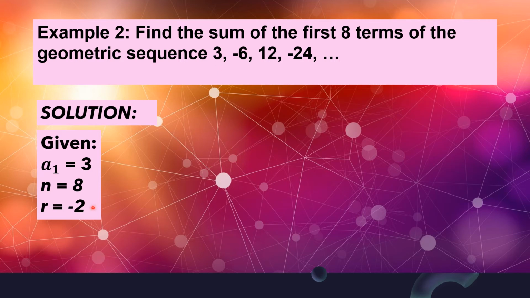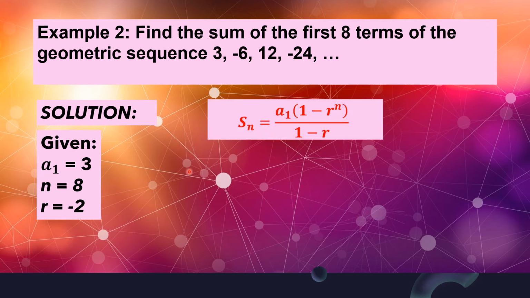So our common ratio is negative 2. Using the formula S sub n equals a sub 1 times the quantity 1 minus r raised to n, all over 1 minus r, we can find the sum of the first 8 terms.